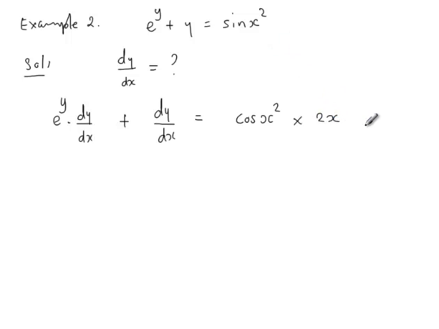If we continue there, we'd be multiplying by 1, which is the derivative of the argument of the power function, but like I said before, we don't normally write this. So factorizing here, we get dy dx brackets e to the power y plus 1.